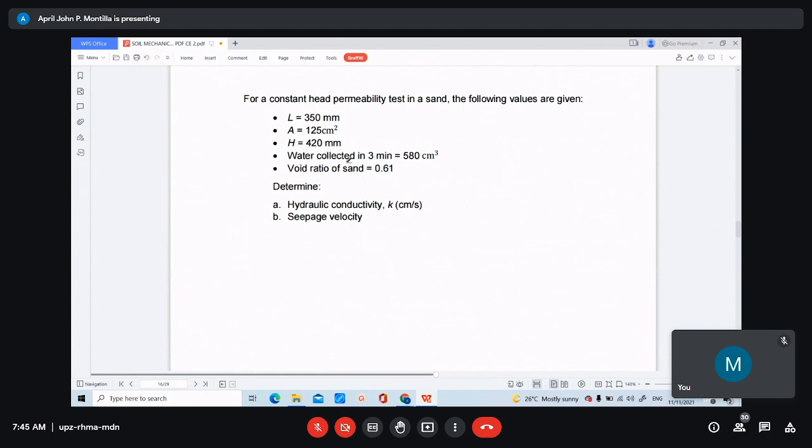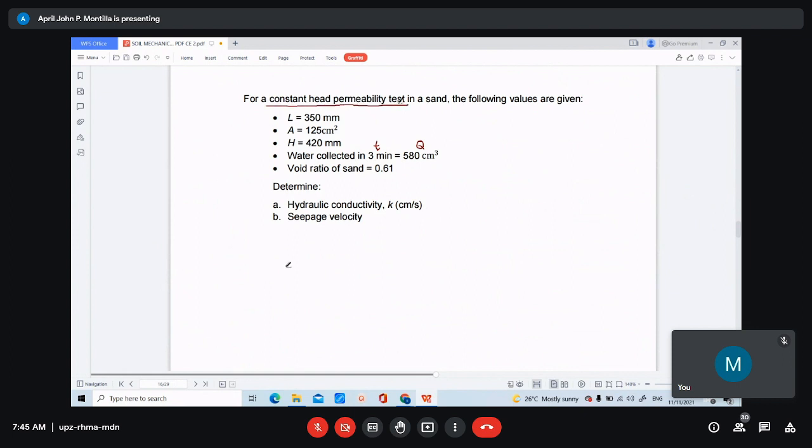The water collected in a duration of 3 minutes is 580 cubic centimeters, which is the volume. The void ratio of the sand is 0.61. We have to determine the hydraulic conductivity, K, in centimeters per second, and also the seepage velocity.